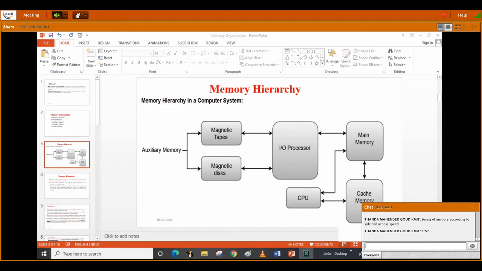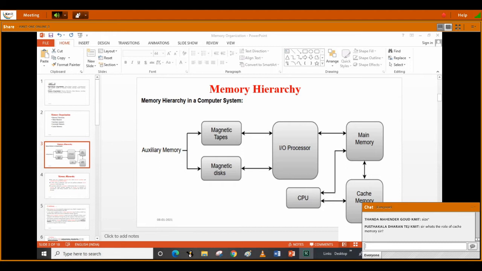So frequently used instructions are transferred from main memory to cache memory by the operating system, the IO processor, or DMA, which means direct memory access, so the CPU can access them in a faster manner.